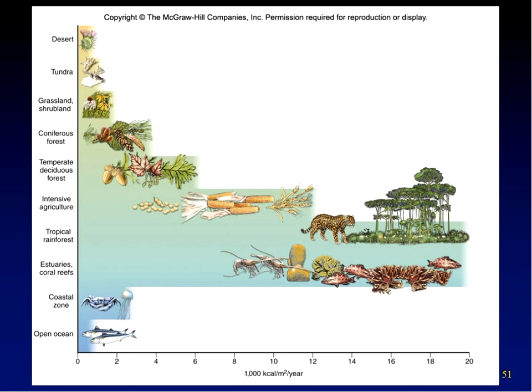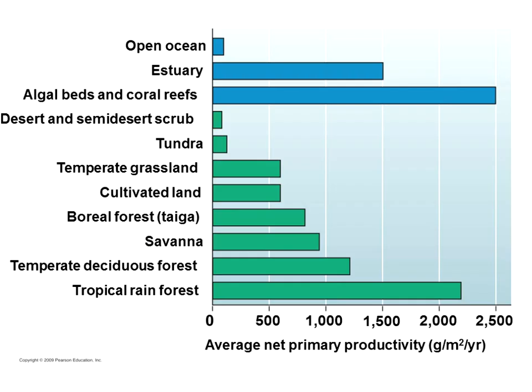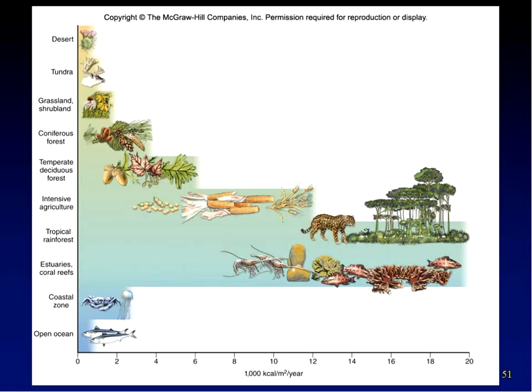So again, from the previous two charts, going back, going forward, note which ecosystems are the most productive. This is important for climate change, because the most productive ecosystems sequester the most carbon, that is, remove the most carbon from the atmosphere.